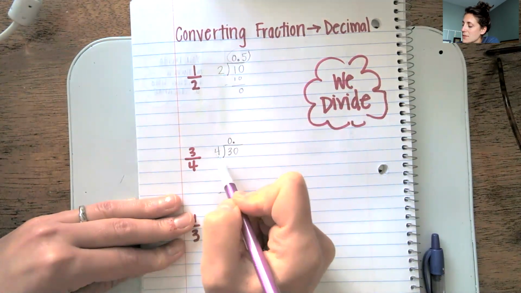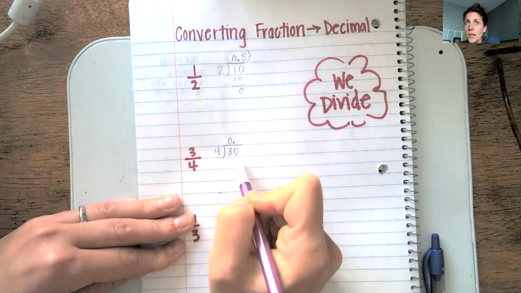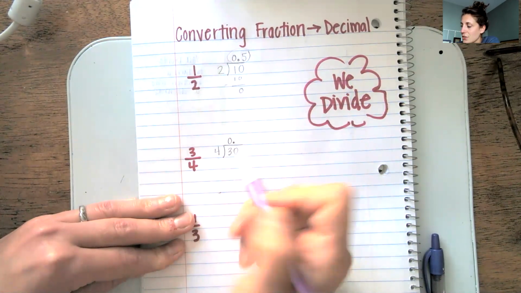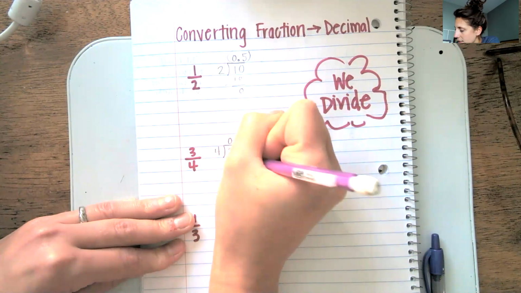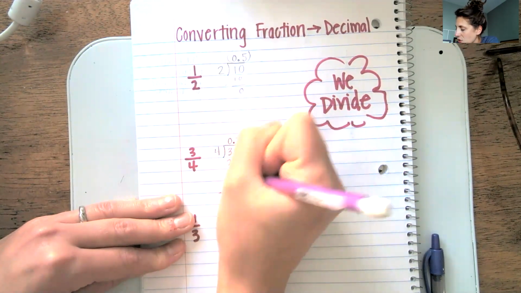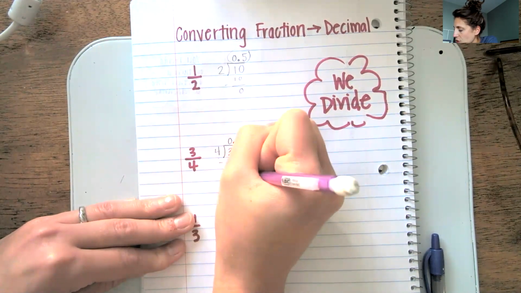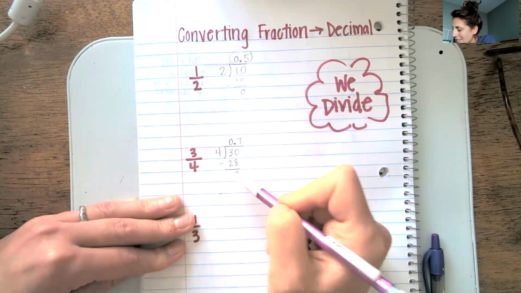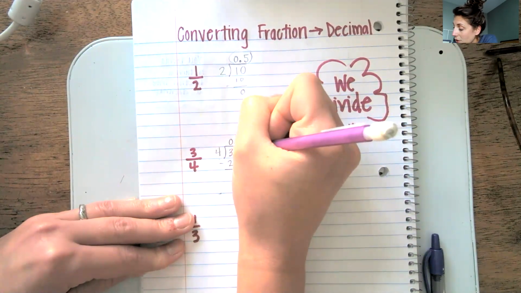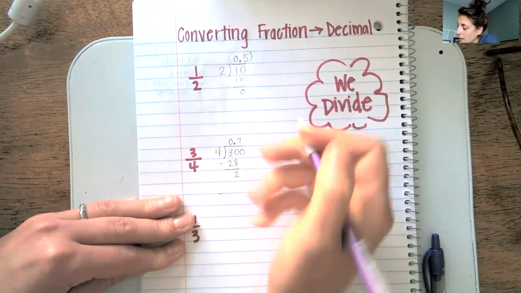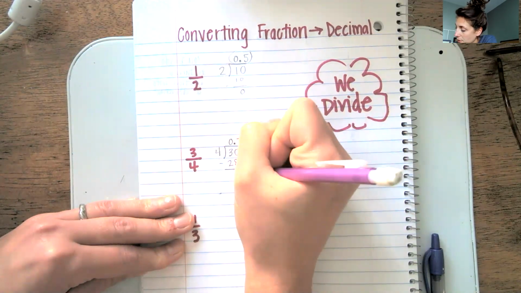Okay, how many times does 4 go into 30? Well, 4 goes into 30 7 times because I know 4 times 7 is 28. So 30 minus 28 is 2. All right, well, I still have a remainder here, so I'm going to go ahead and add my 100th. I'm going to bring that down.